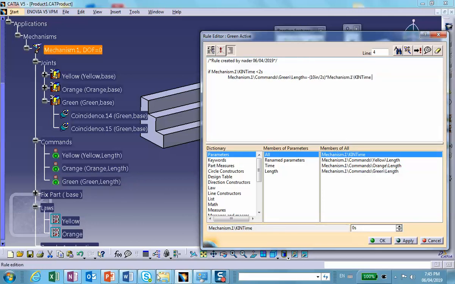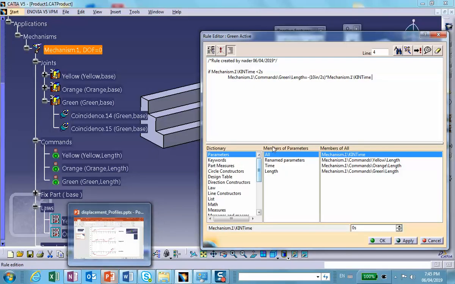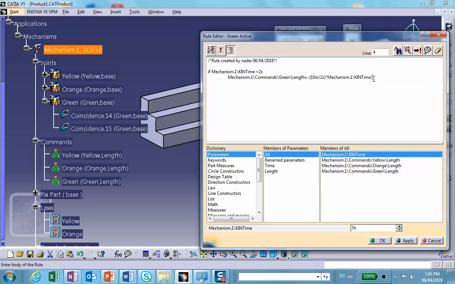So when this happens, it goes to negative 10 inches, right? If you put a 2 here, you're going to go to location minus 10. Very good.